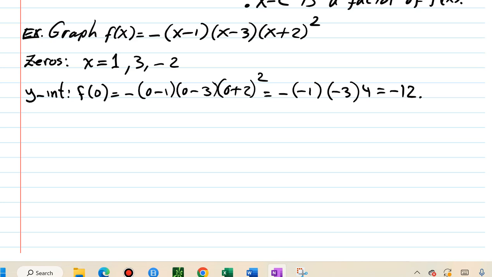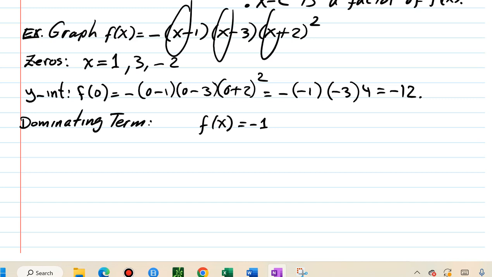And then we're going to look at the end behavior. Now the end behavior depends on the dominating term. To find the dominating term of this polynomial f(x), here's the leading coefficient. I'm just going to multiply the first x's together. Forget the numbers. We don't want to FOIL them and do all that. What would the first term be?